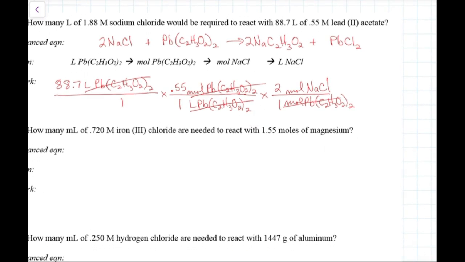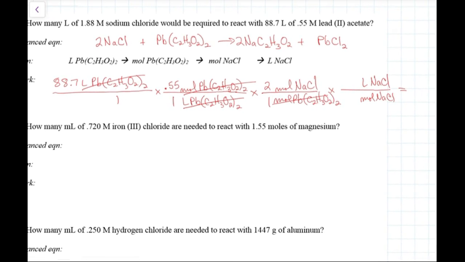Okay, and then it looks like my last step is to go to liters of NaCl. So I'm going to put moles NaCl on the bottom, liters on the top. And again, where does that relationship come from? It comes from the molarity. 1 liter is, in this case, equal to 1.88 moles of sodium chloride.